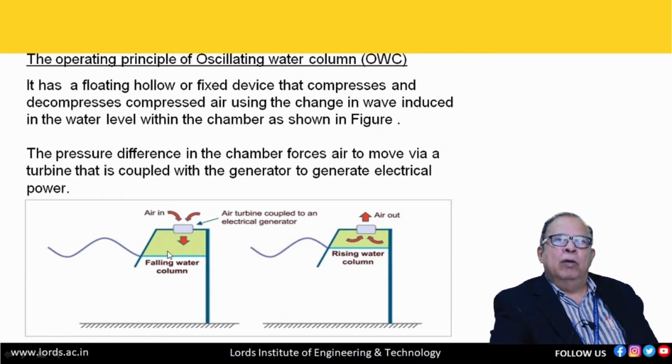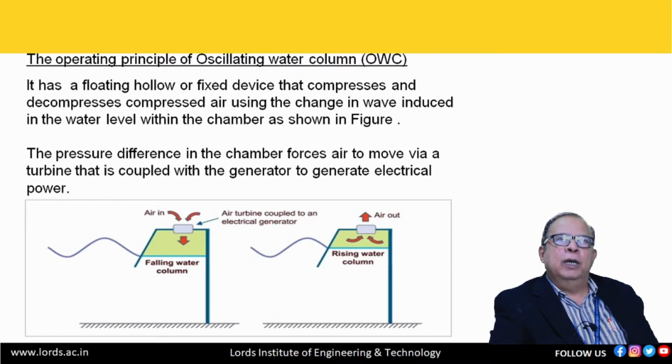When this air moves in, it interacts with the turbine, and when it leaves, it also interacts with the turbine. The turbine is connected to the electrical generator, so when the turbine rotates, the generator also rotates, and electrical power is produced.